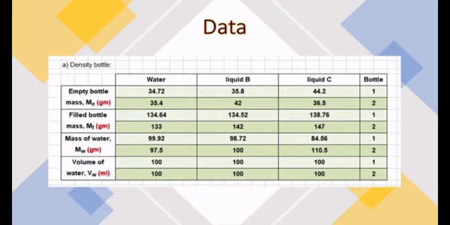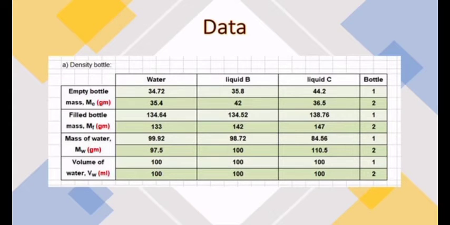For water, 34.72, 35.4. And we get the weight for filled water and the mass of water. And the last one, we get the volume of water for the 3 liquids: water, liquid B, and liquid C.